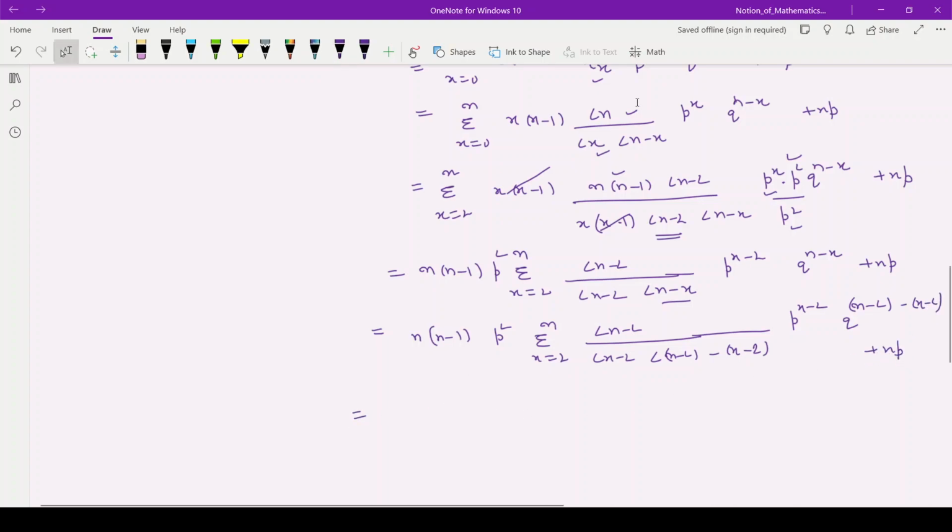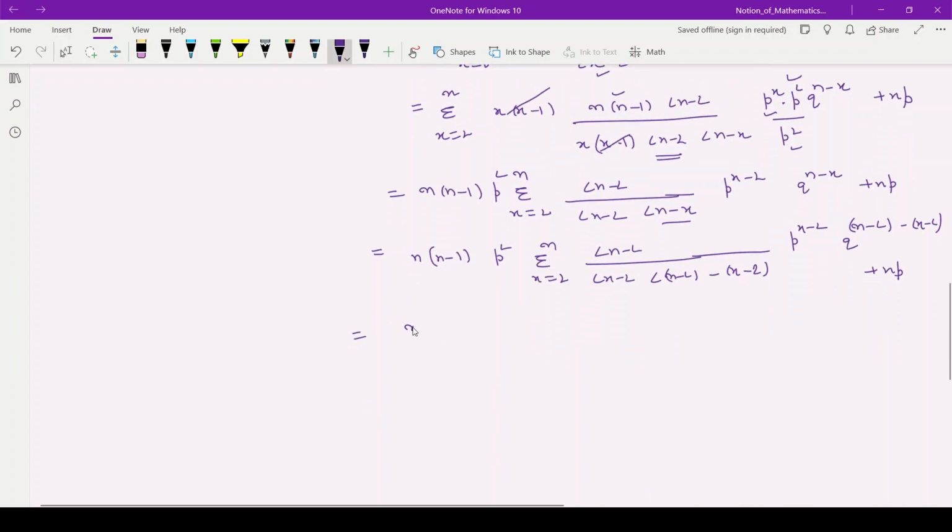So how can it be simplified now? It may be written like n(n minus 1) p square summation x is 2 to n, and that is n minus 2 C x minus 2, this whole term is actually, and into p to the power x minus 2 q to the power n minus 2 minus x minus 2, and plus np.